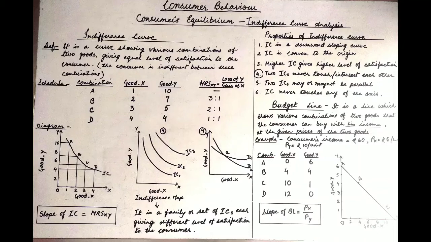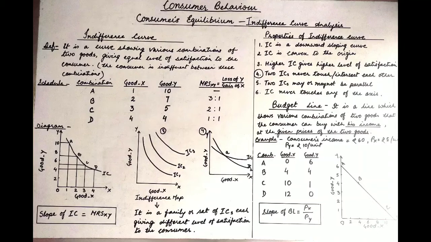Now, here it is very important to know the meaning of marginal rate of substitution. The marginal rate of substitution is the rate at which the consumer is willing to substitute one good for another good without changing the level of satisfaction.